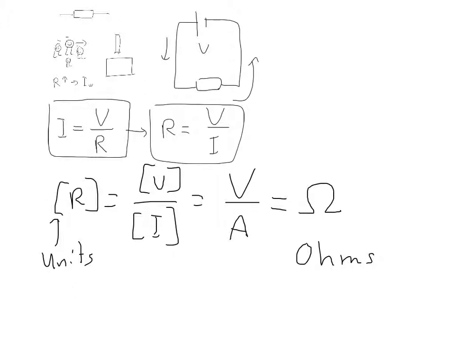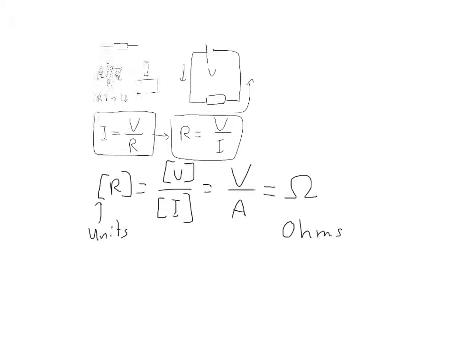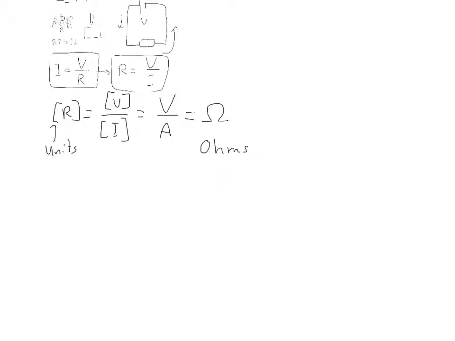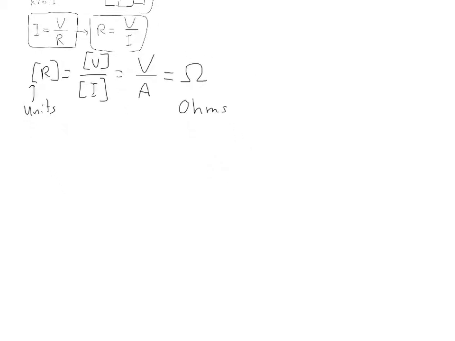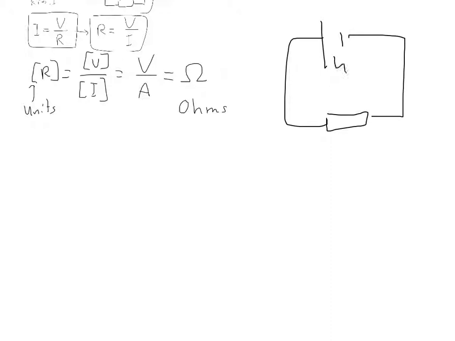Now I know this must be a little hard, so let's just do a little example, okay? Imagine that I have a circuit, and I just leave the equations here, and I have a circuit with, let's just put some numbers in here. So I have 4 volts, and I have a resistance of 2 ohms. And I ask myself, what's the current?